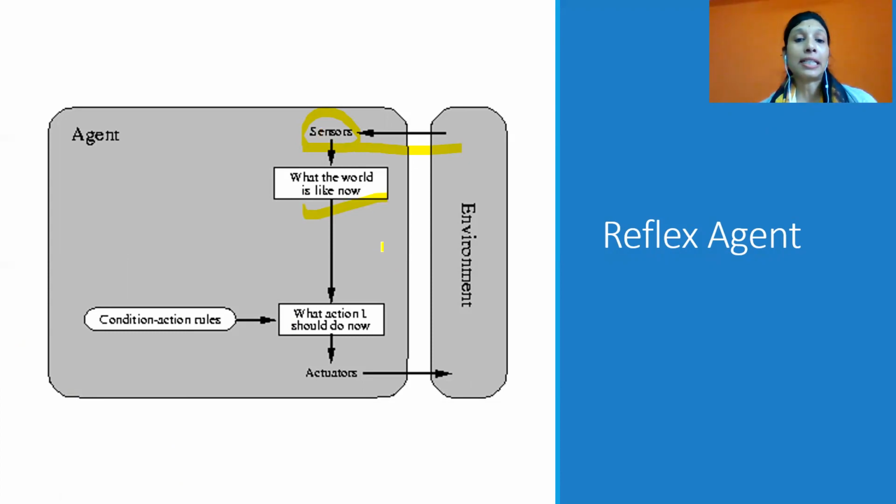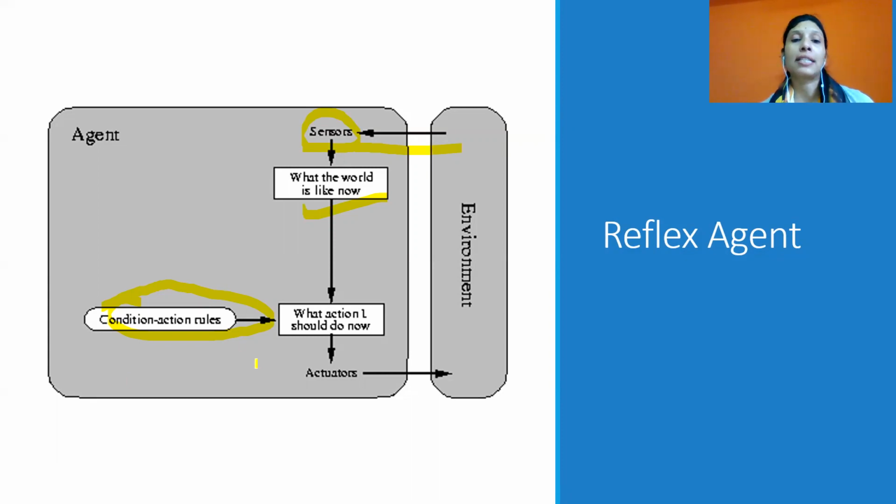Then they will do some processing, and based on some condition action rules, let's say if the condition is like this, then take the action like this. Simple if-else statements would be there. Based on those statements, they will check the condition and then take some action.